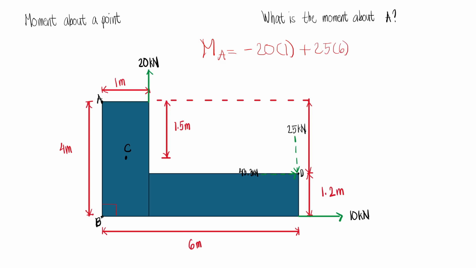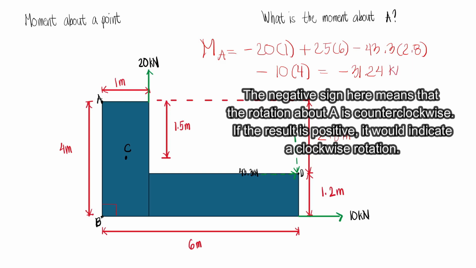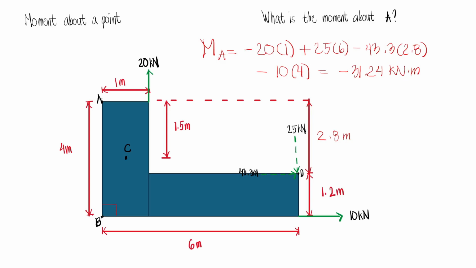And then we have minus 43.3 multiplied by, again, this is 2.8 meters, this distance. So we have 2.8 and then minus 10 kN multiplied by 4. And so this is actually negative 31.24 kNm. Again, the unit of a moment is always a unit of force multiplied by a unit of distance. That's what you have to remember.